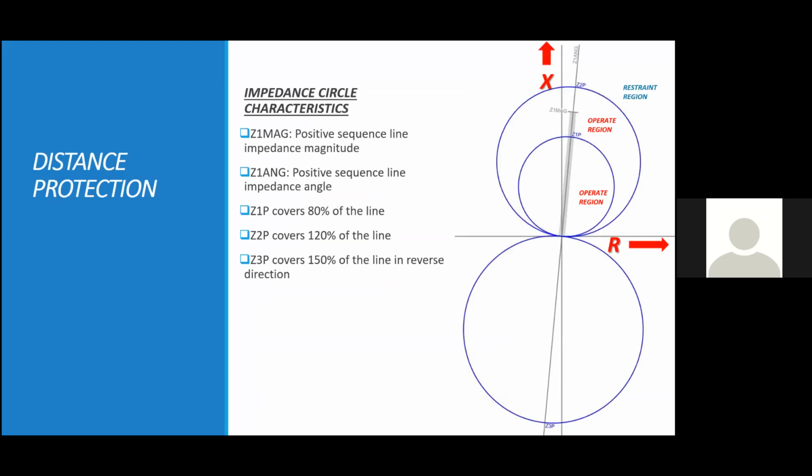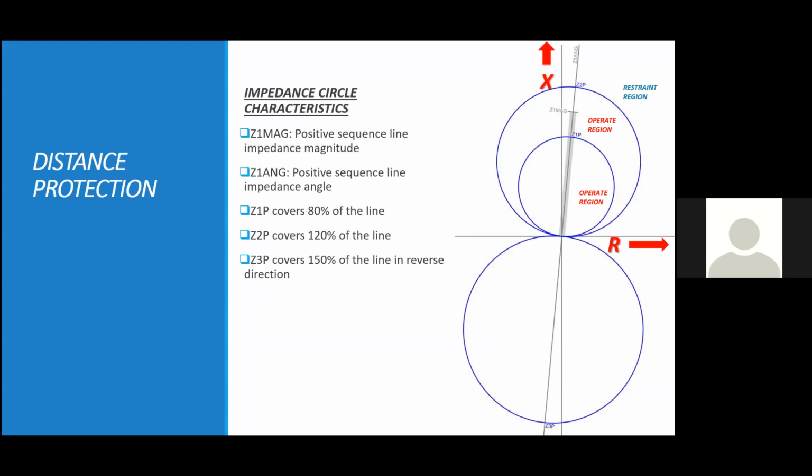So this slide illustrates the three zones of protection. Z1 mag is the natural impedance, or the positive sequence line impedance magnitude of the transmission line. Z1 ang is the positive sequence line impedance angle.